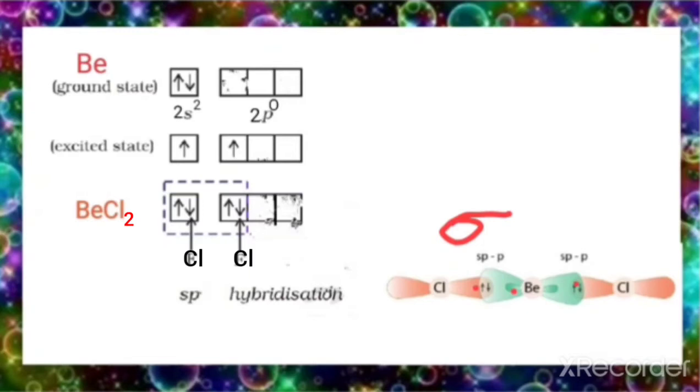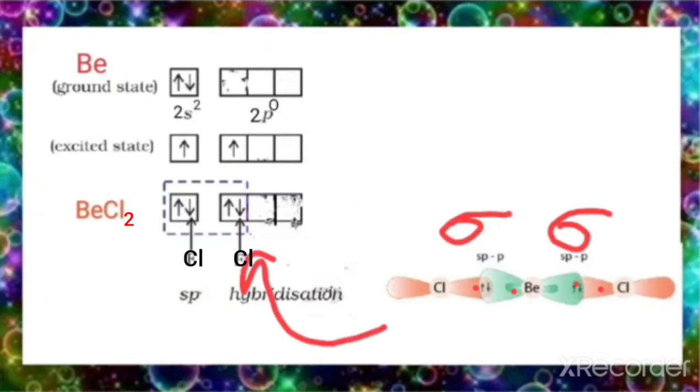Similarly, the other sp hybrid orbital of beryllium overlaps with the p orbital of another chlorine atom, forming a sigma bond, because the overlapping is head to head.